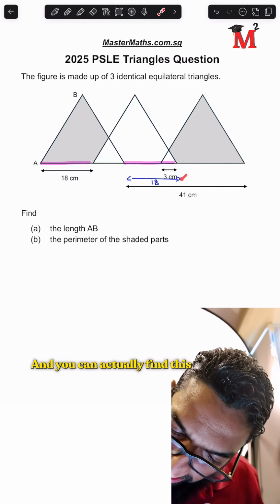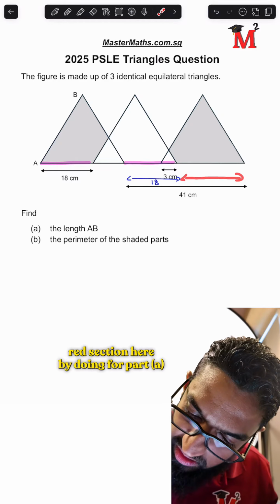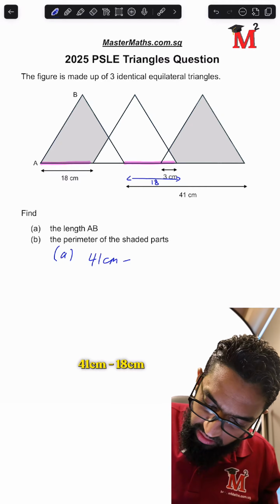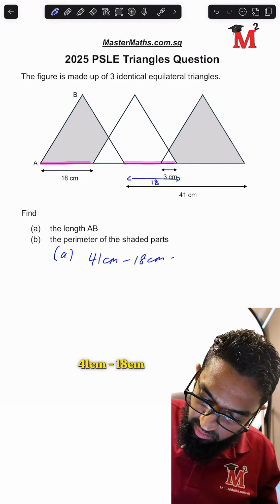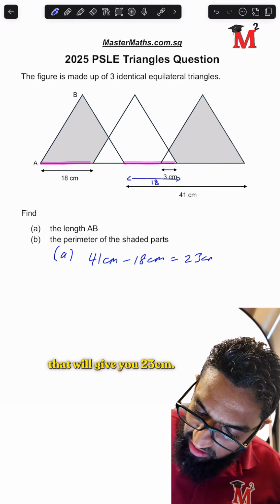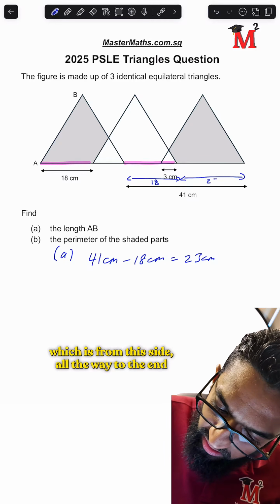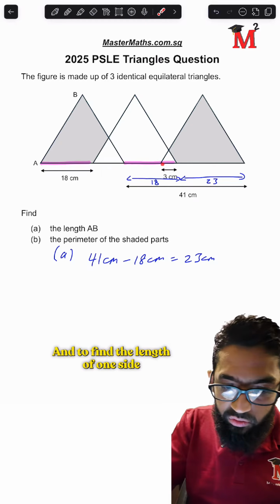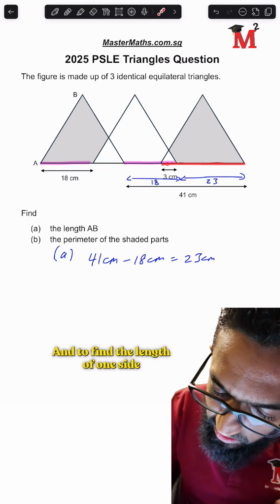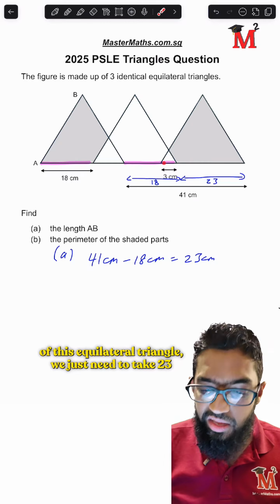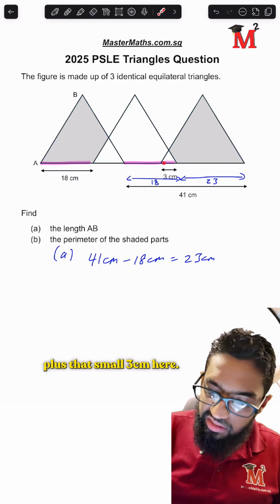And you can actually find this red section here by doing, for part A, 41 centimeters minus 18 centimeters. That will give you 23 centimeters, which is from this side all the way to the end. And to find the length of one side of this equilateral triangle, we just need to take 23 plus that small 3 cm here.